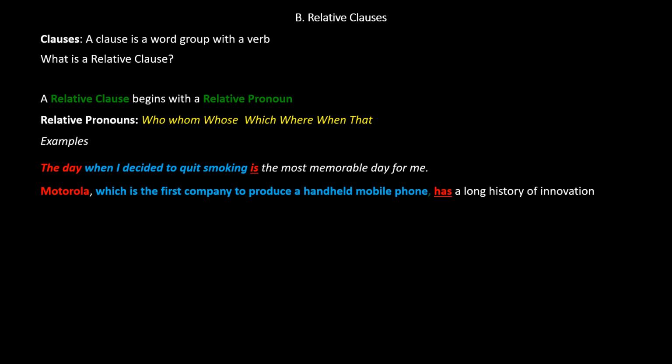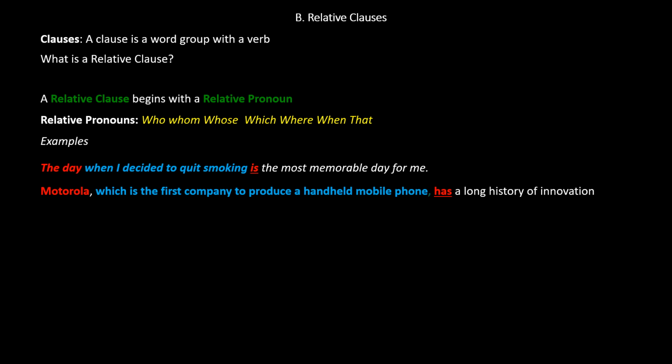In this sentence, the modifier relative clause is which is the first company to produce a handheld mobile phone. The subject is Motorola and the verb is has. After I eliminate the middleman, that is the relative clause, the sentence reads like this: Motorola has a long history of innovation. This sentence is grammatically right and makes sense.